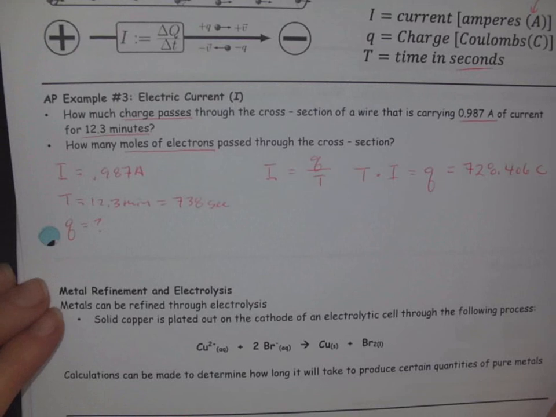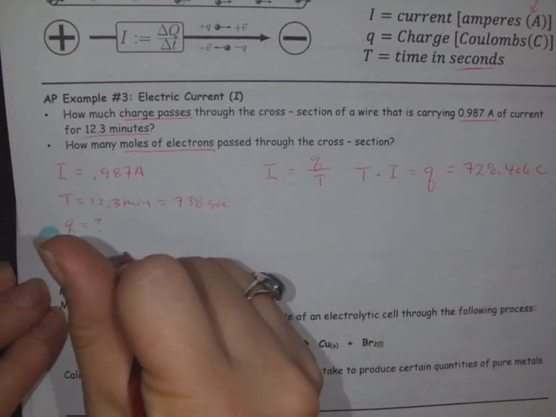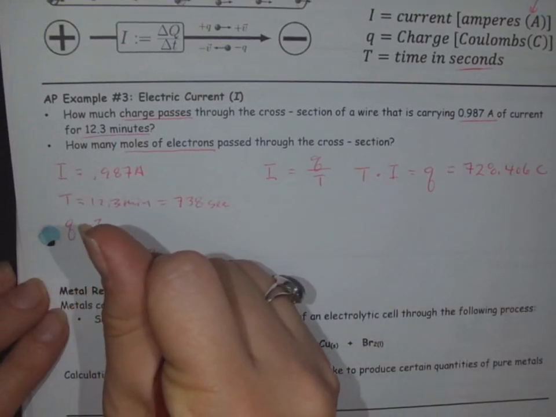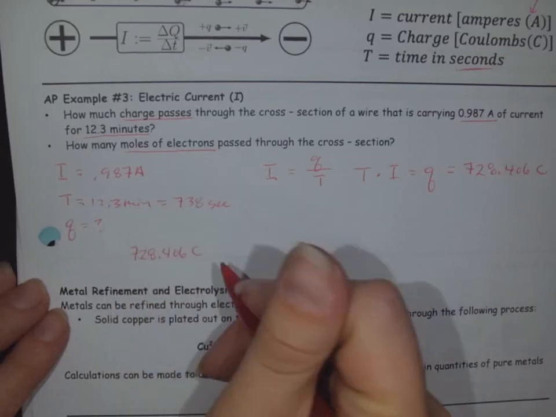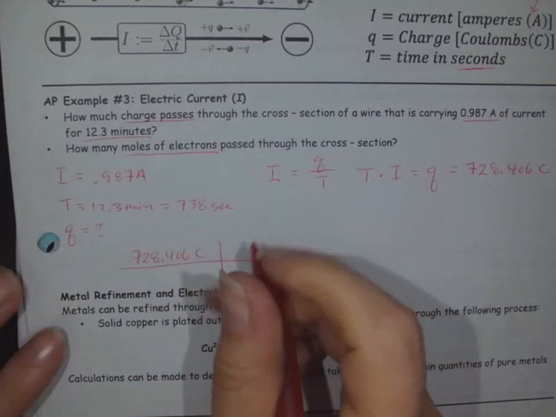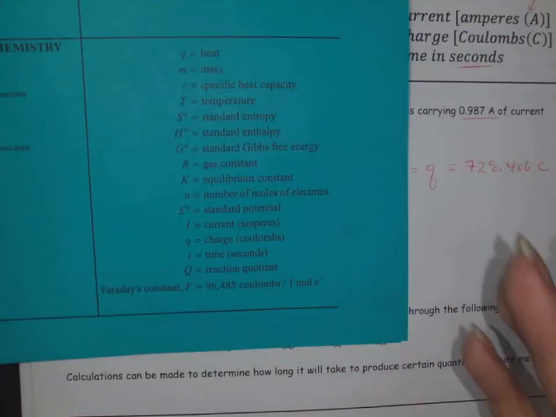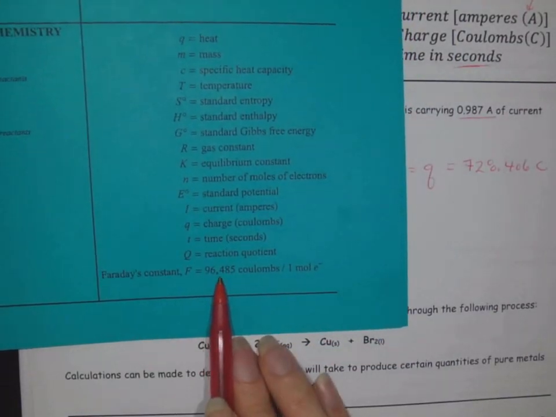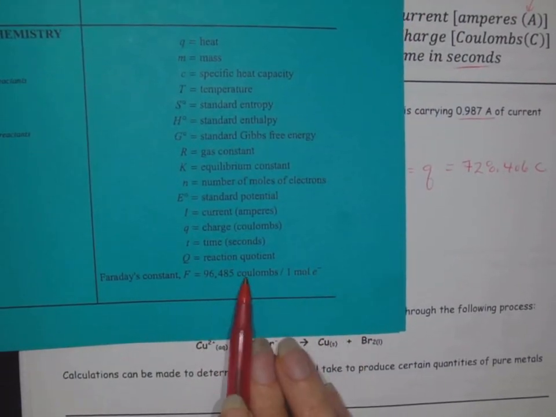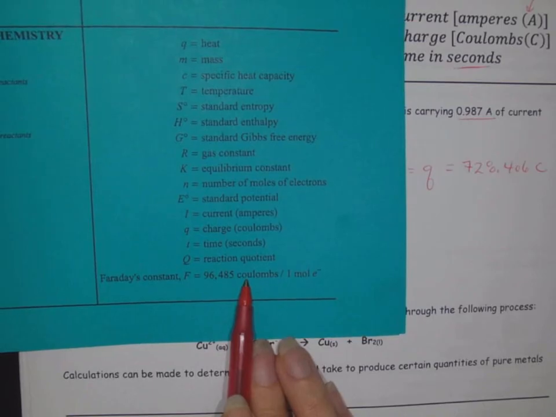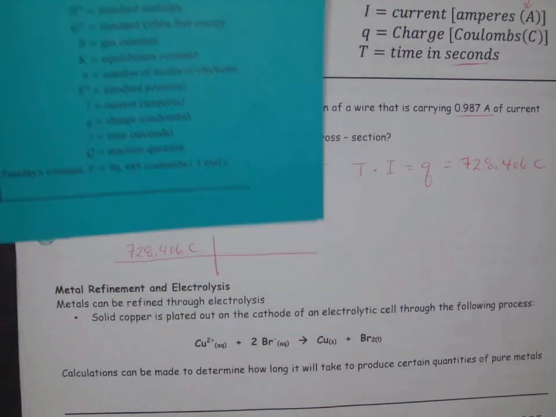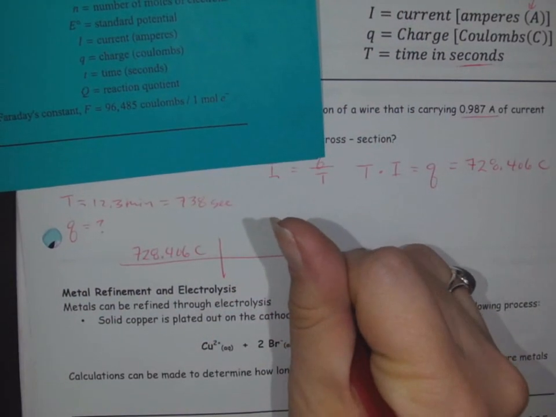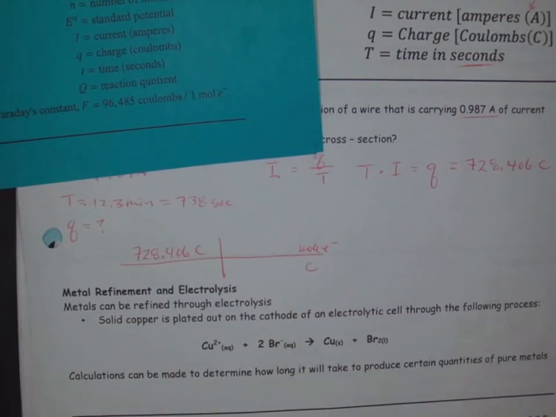Great, but how many moles of electrons is that? 728.406 coulombs. Well, guess what? We have a really cool conversion right here, that 1 mole of electrons is the same as 96,485 coulombs of charge. So coulombs, and we want to end with moles of electrons.